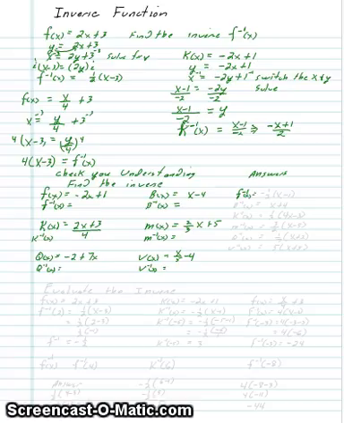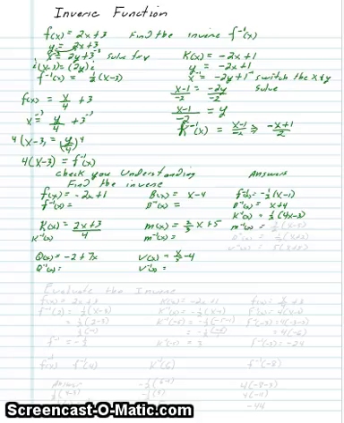Okay, so the answers. f inverse of x is equal to negative 1/2 times the quantity x minus 1. b inverse of x is equal to x plus 4. The inverse of k is equal to 1/2 times the quantity 4x minus 3.